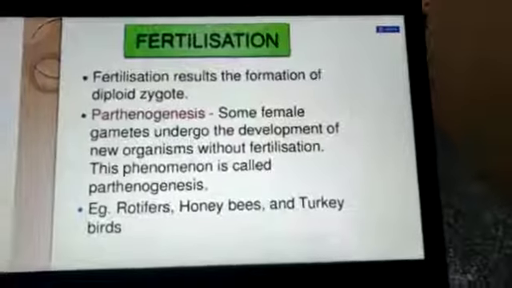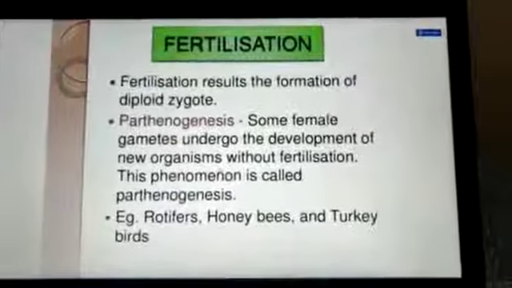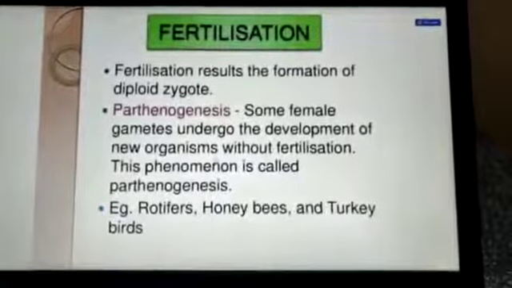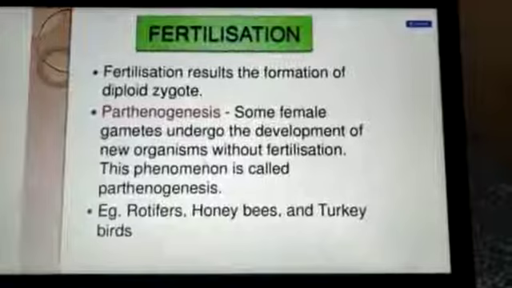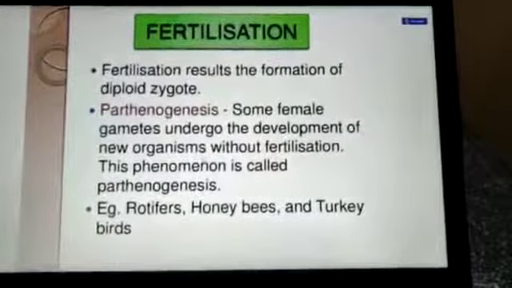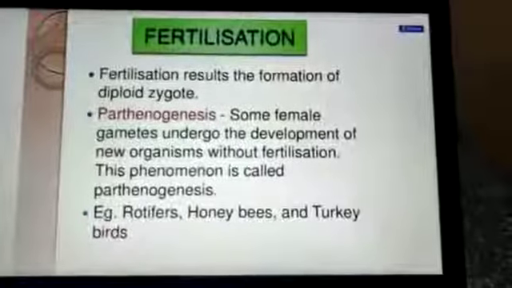Now the fertilization process. Fertilization is a fusion between a male and female gamete. There are different types of fertilization. Parthenogenesis: some female gametes undergo development of a new organism without fertilization. This is termed parthenogenesis. Examples are honeybees, turkey, and rotifers.